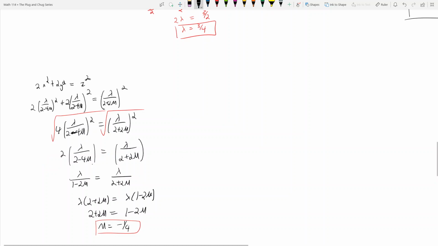So let's say after the square root, for some reason the left-hand side is negative and the right-hand side is positive. What happens then? Well, then the left-hand side has this negative sign lingering around this entire time.